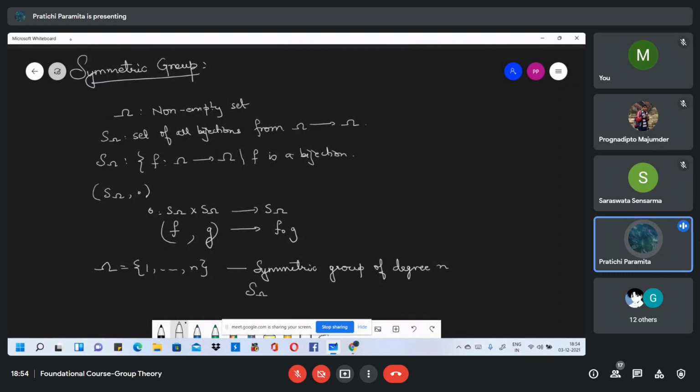So we call S omega nothing but Sn, and the order of Sn is n factorial. I think this was introduced in the first session, right? Yes. Since I am running out of time, I'll just quickly go through what Sn is.